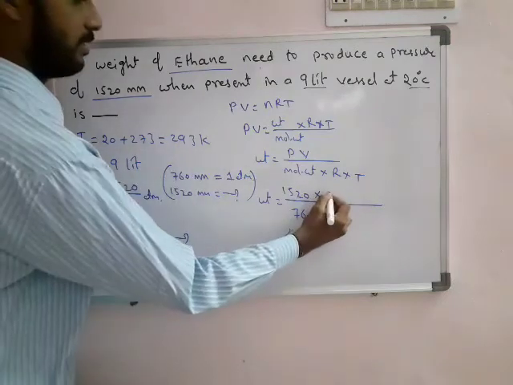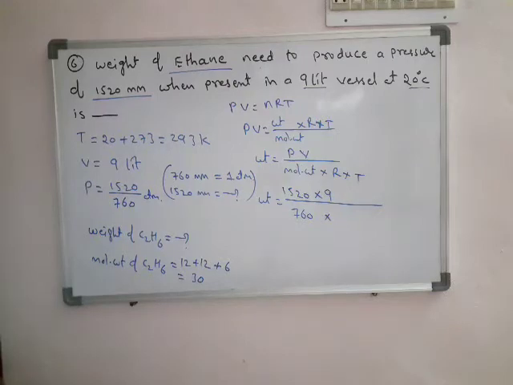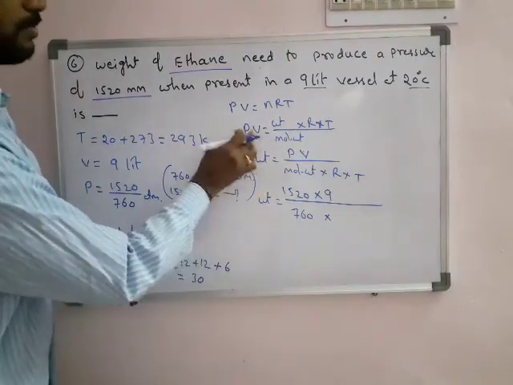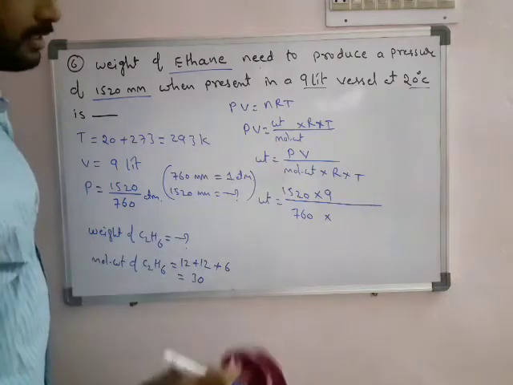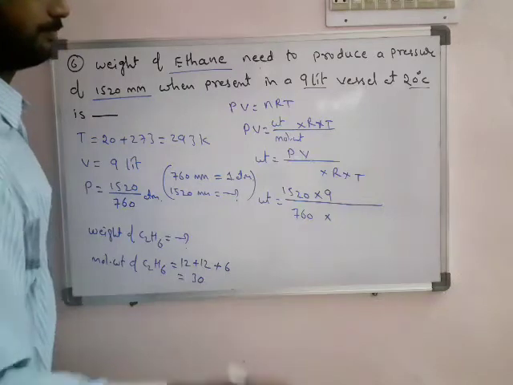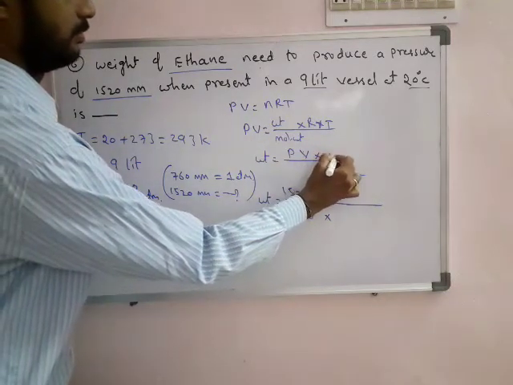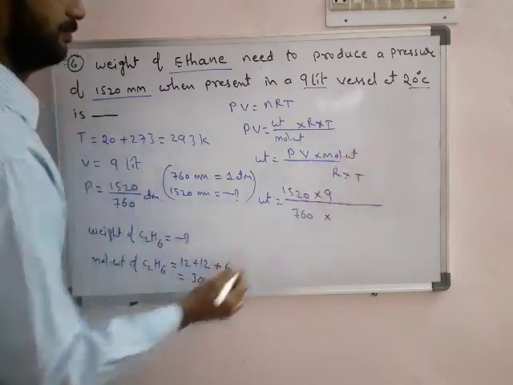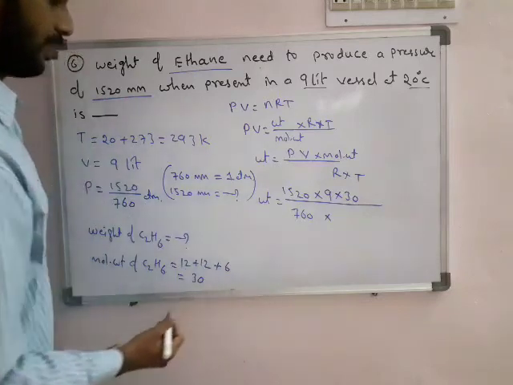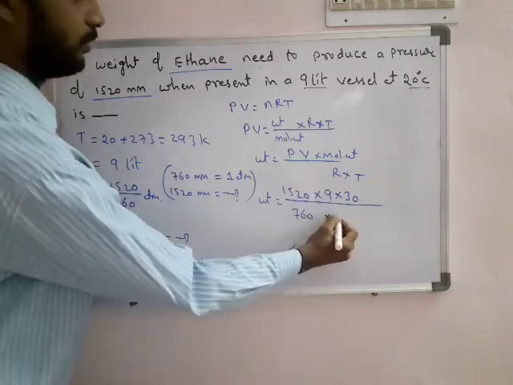Volume 9 liters. Next, PV into, sorry, cross multiplication, we will get molecular weight in the numerator. Molecular weight how much? 30. 760. What is our R value?